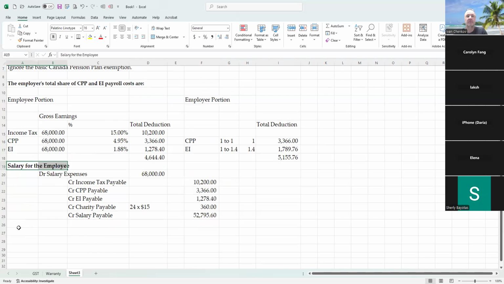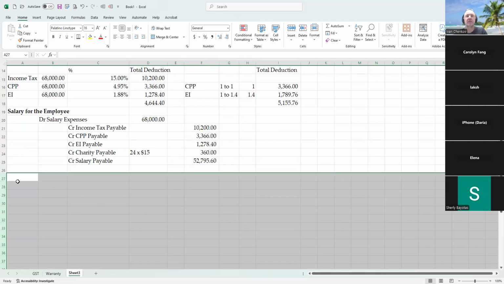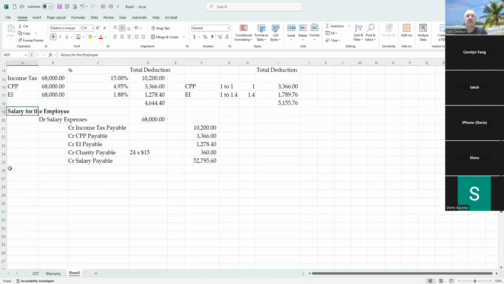What else do I have to deduct? I have to do the journal entry for the salary deduction for the employee. Now I have to get the salary deduction for the employer.